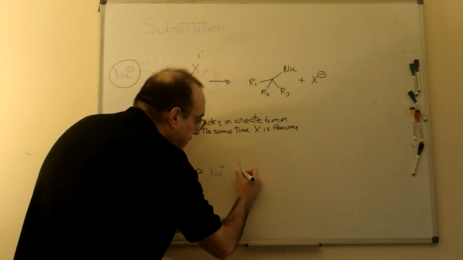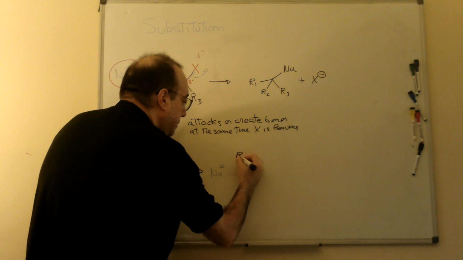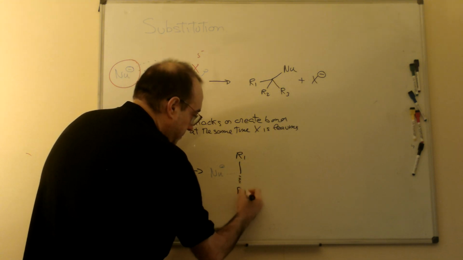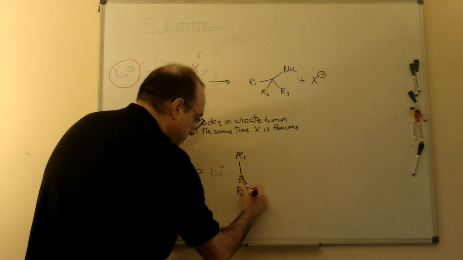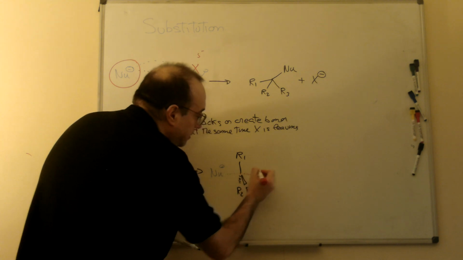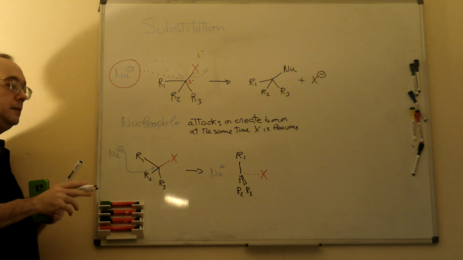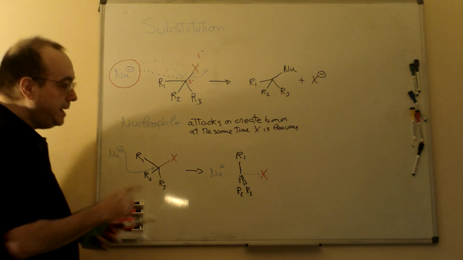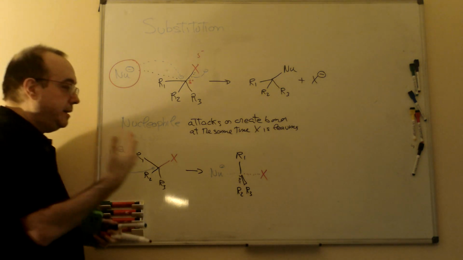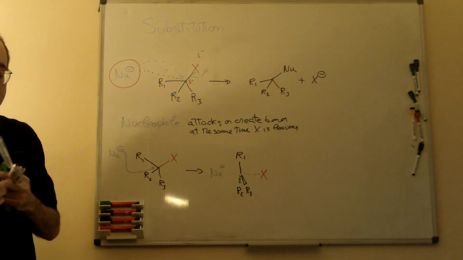And we are breaking this bond, the carbon halogen bond. R1, R2, and R3 are all in one plane in the transition state that is perpendicular to the plane of the whiteboard.